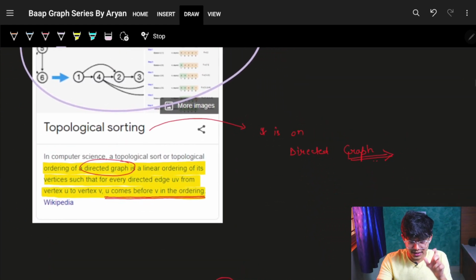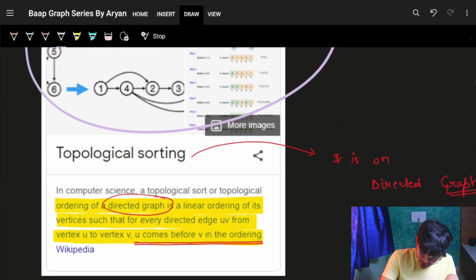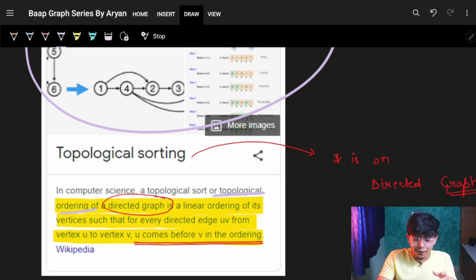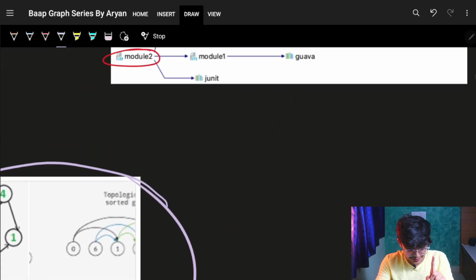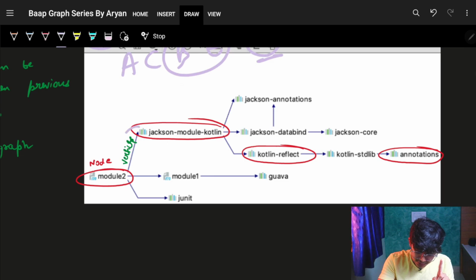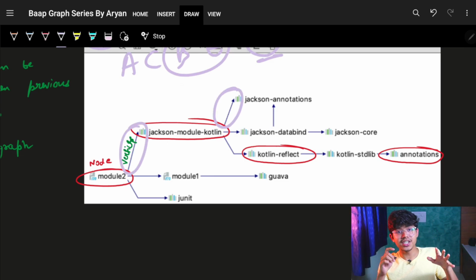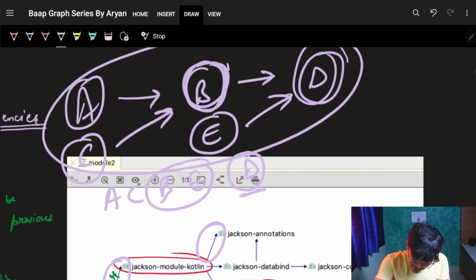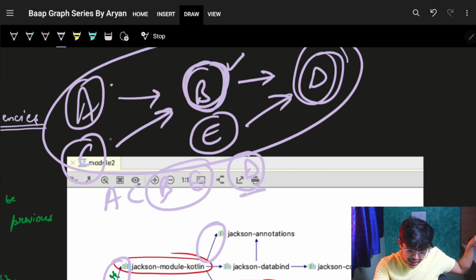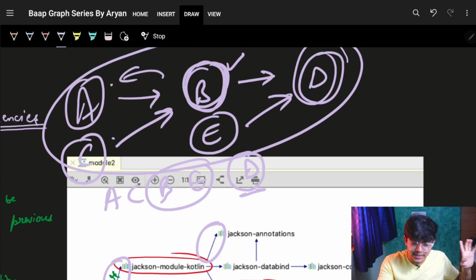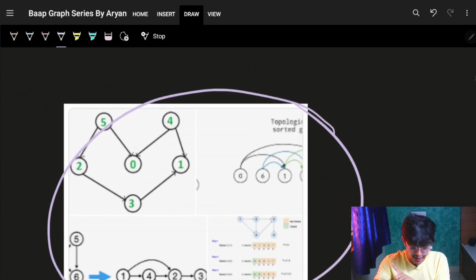Now, let's look at the definition just once. A topological ordering of a directed graph. Remember, a directed graph. You saw what was happening. There were directions. My process B was dependent on A and C, not vice versa. Thus, it was a directed graph. Just make sure.